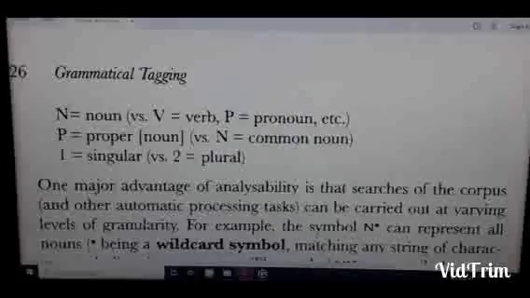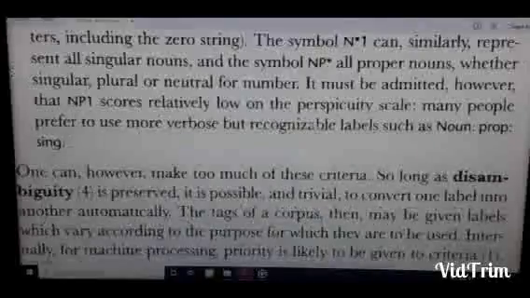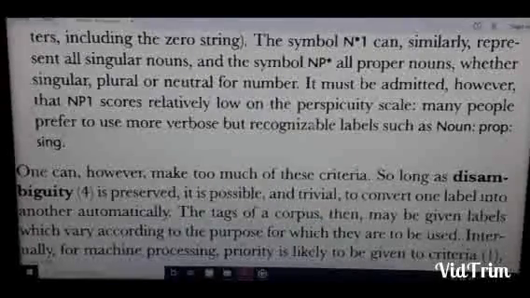One more advantage of analyzability is that searches of the corpus and other automatic processing tasks can be carried out at varying levels of granularity. For example, the symbol N star can represent all the nouns, star being a wildcard symbol matching any string of characters including the zero string.